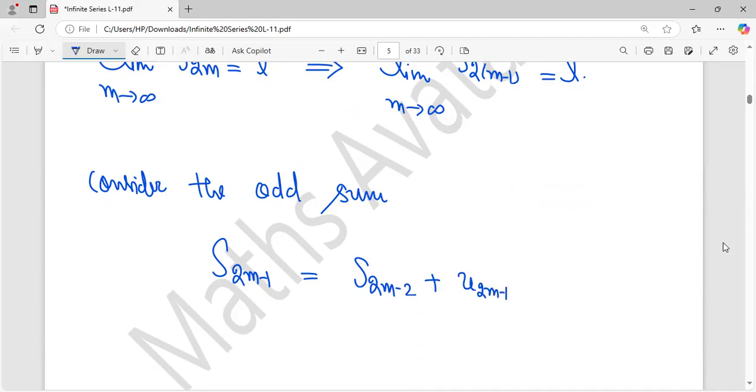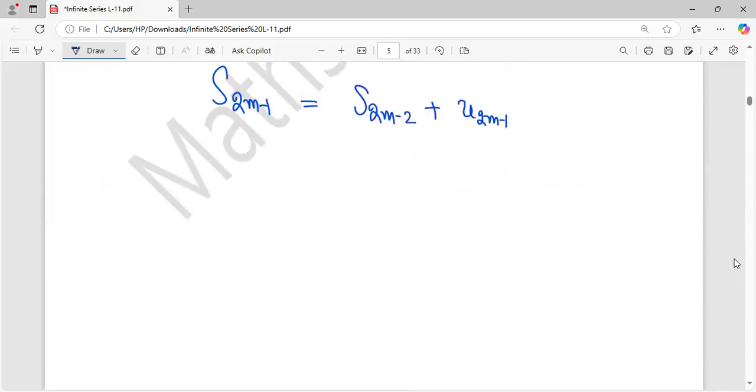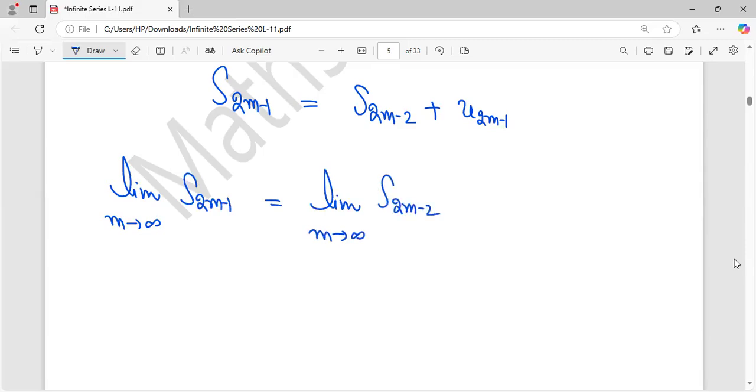Now the limit as m tending to infinity of S_2m minus 1 is equal to the limit of S_2m minus 2 plus u_2m minus 1.